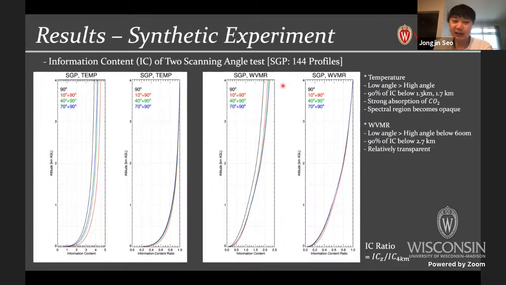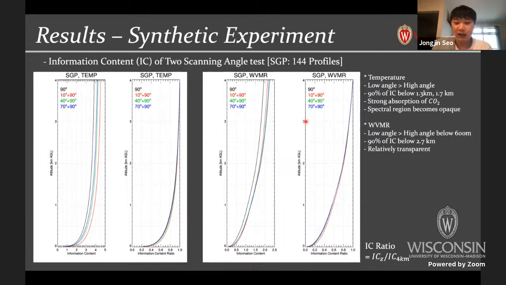However, for the information content of water vapor mixing ratio, adding low scanning angles have more information content only near the surface, the red line. And at high altitude, adding high scanning angles have more information content than adding low scanning angles.